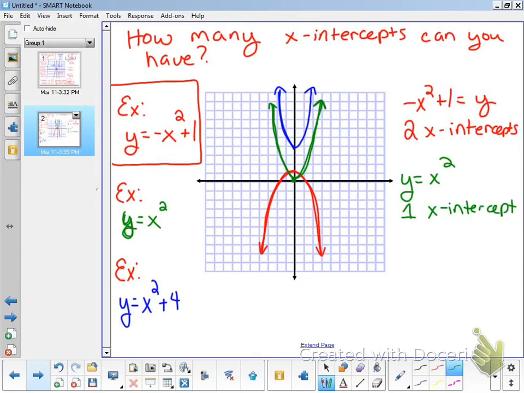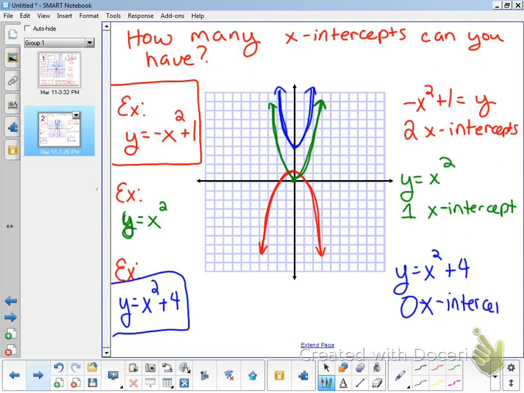And then finally, look at the blue one. Y equals x squared plus 4. That's this graph here. You can see that it is above the x-axis and it is opening up, and it never crosses the x-axis. So y equals x squared plus 4 has 0 x-intercepts. All right?